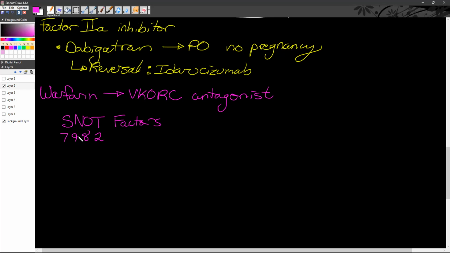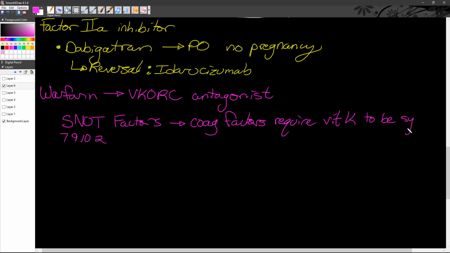Am I crazy? No. 7, 9, 2, and 10. Oh, right. 2 and 10. There we go. What these are are coag factors that require vitamin K to be synthesized.